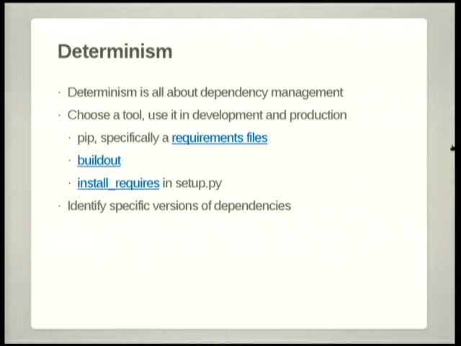But the really important thing here is that you identify not just your dependencies, but what versions you use, because that can make all the difference. An example of this is if you just say that you want simplejson because you want JSON support for your application, well, that's great. But then last month, a new version of simplejson was released that broke backwards compatibility.